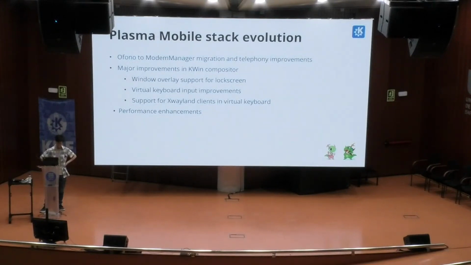But thanks to Alexei and some other contributors, we have ported it to Modem Manager, and that has brought lots of stability improvements. Nowadays it is actually in a usable state where you can actually use the telephony.